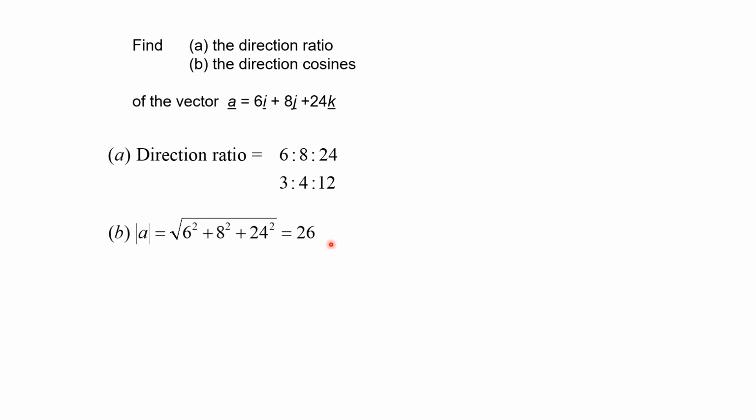And in order to determine the direction cosines, you need to find the magnitude of the vector. So it's the square root of 6 squared plus 8 squared plus 24 squared, and we get 26. You also need the unit vector.